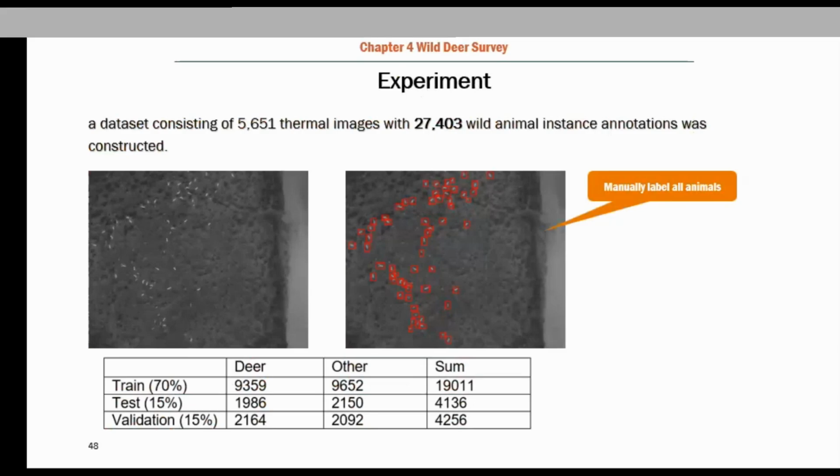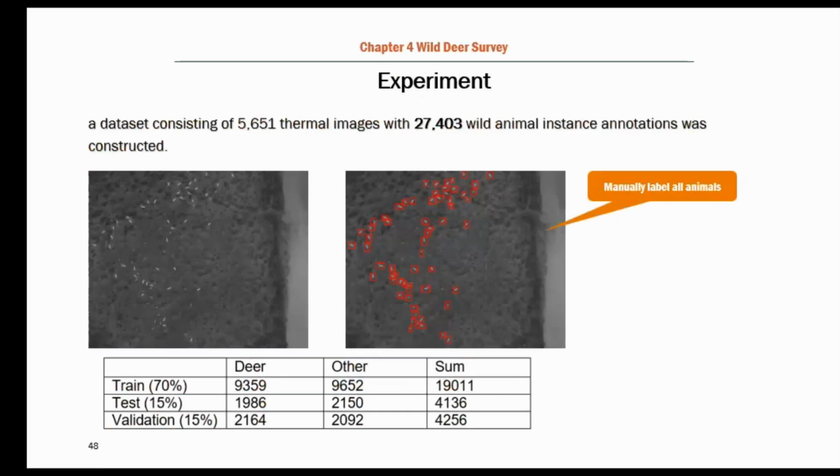Finally, about 27,000 animal objects were annotated. And then this data set will be split into 3 parts, respectively used for training, testing, and validation.